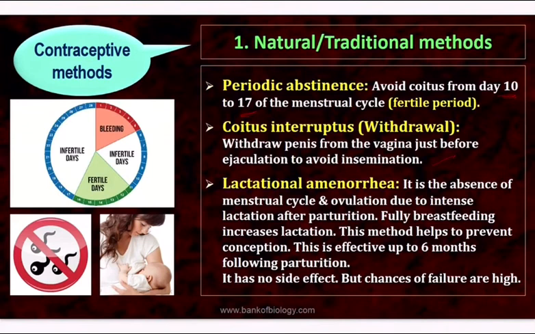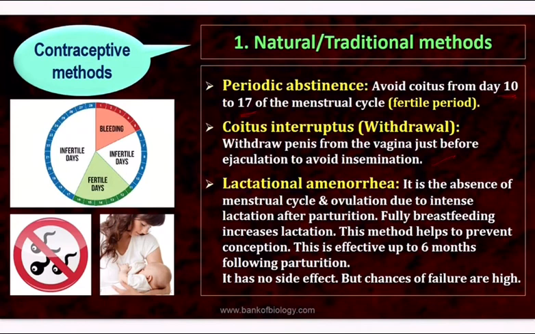And the third one, lactational amenorrhea. It is the absence of menstrual cycle and ovulation due to intense lactation after parturition. So here the lactational amenorrhea is the absence of menstruation. It is based on the fact that ovulation and therefore the menstrual cycle do not occur during the period of intense lactation following childbirth.